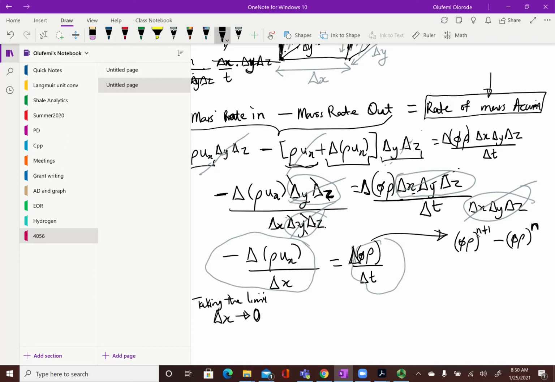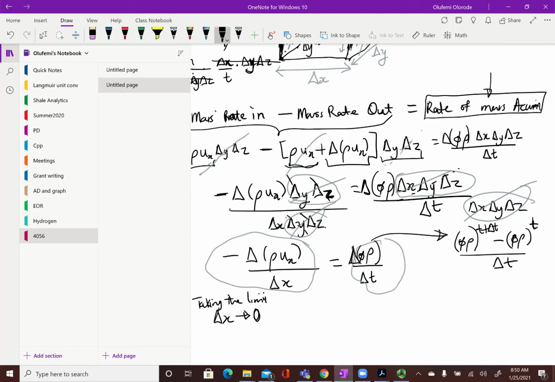So n plus 1 is current time step, n is previous time step. If we stick to the nomenclature in your slides, this is t plus delta t, and previous time step is t. And that's what we divide by delta t.